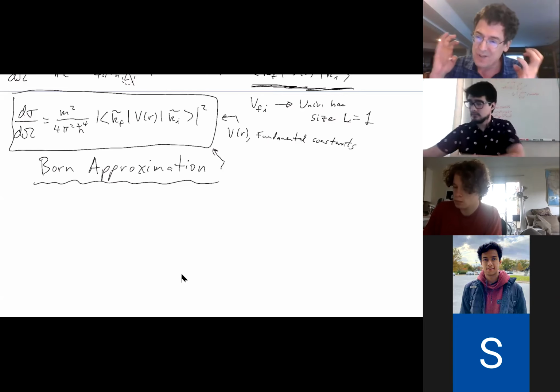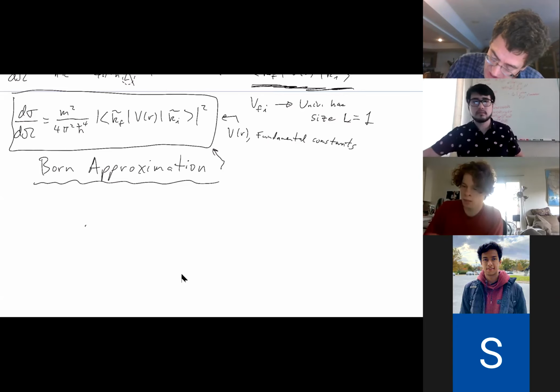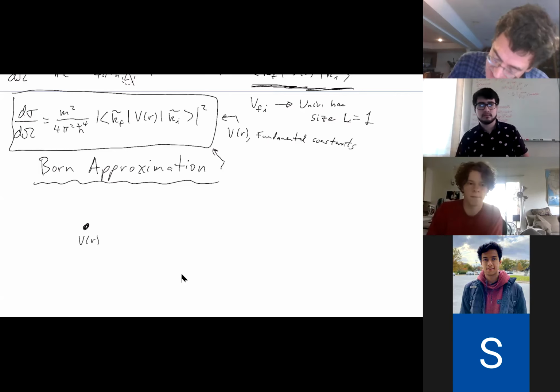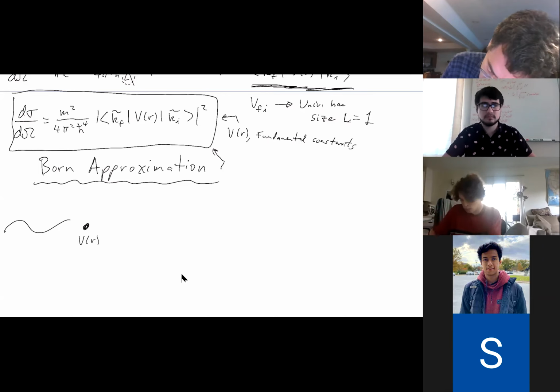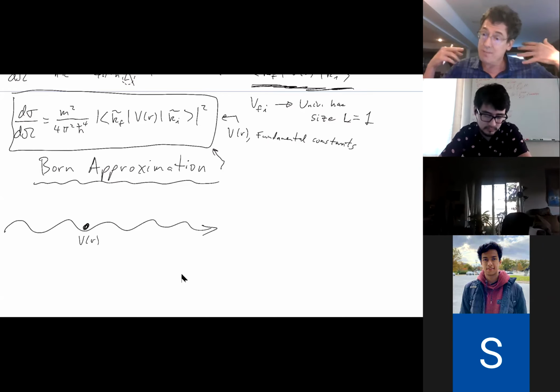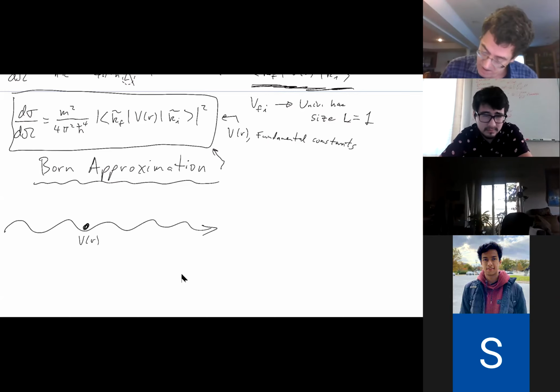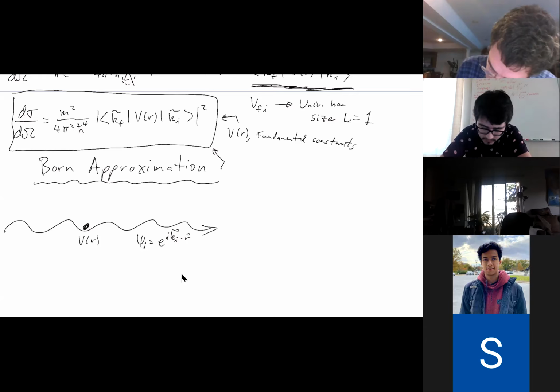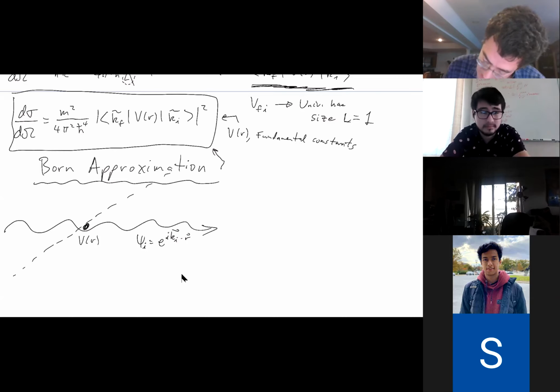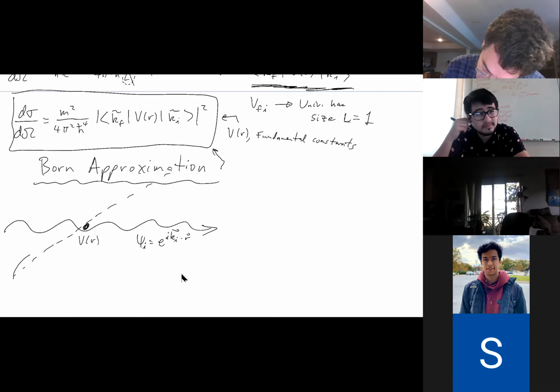Here's the Born Approximation. This is the way to think of it. What we did was we have a scatterer here, V of r. Now the idea is that we have an initial state. Now the initial state lives simultaneously in all of space, right? That's my initial state, psi i is equal to e to the i k_i dot r. And what I say is, at some point, I'm asking the question, what is the probability for my momentum to suddenly be in this state?